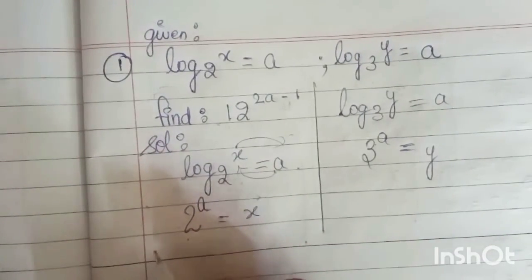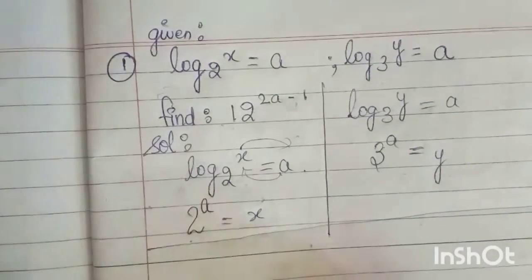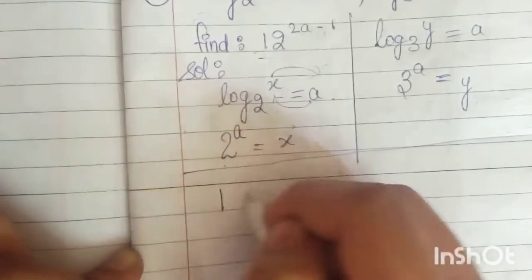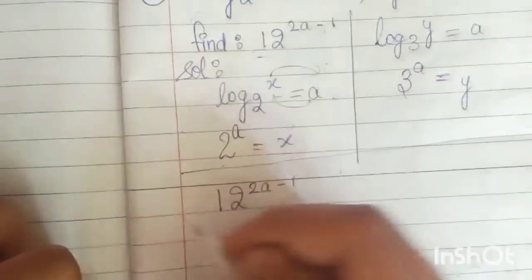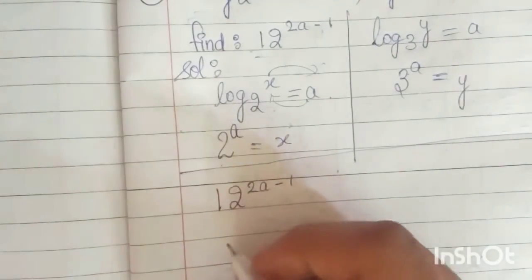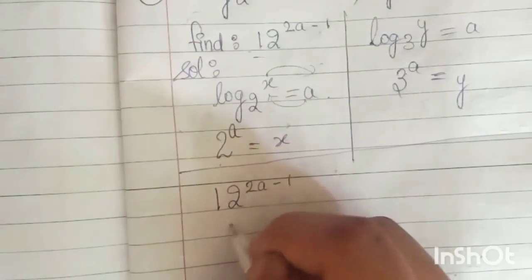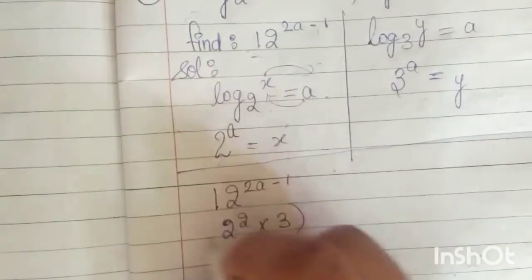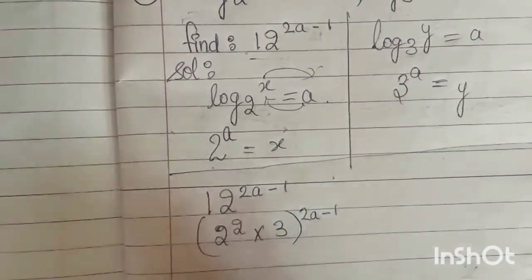Now first you have to try to simplify this. So I am taking this 12 power 2a minus 1. This is the first thing. Now I can write this 12 as 2 square into 3, right? Yes.